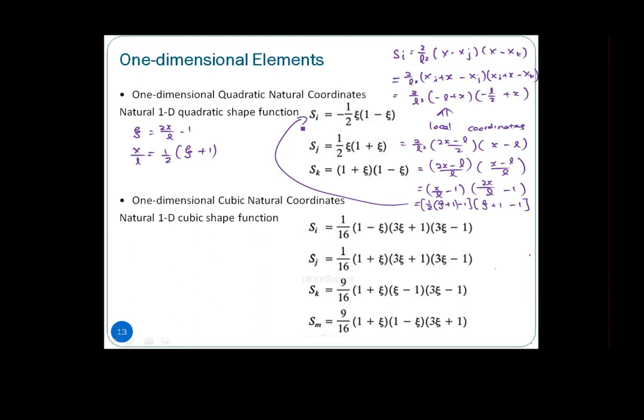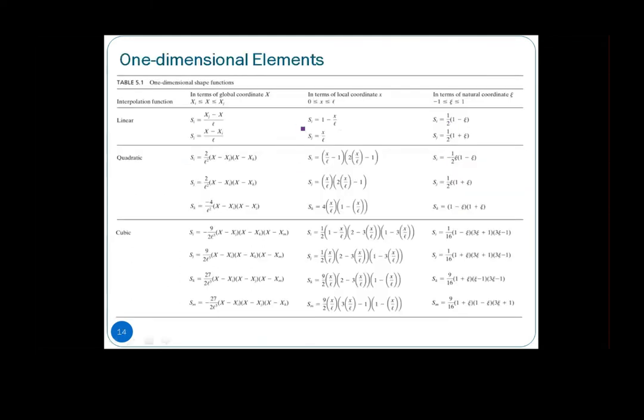So that is basically how we play around with different coordinate systems. If you look into this, this is just a summary for you; you can refer to it anytime. We know that under one-dimensional elements we have linear, quadratic, and cubic.